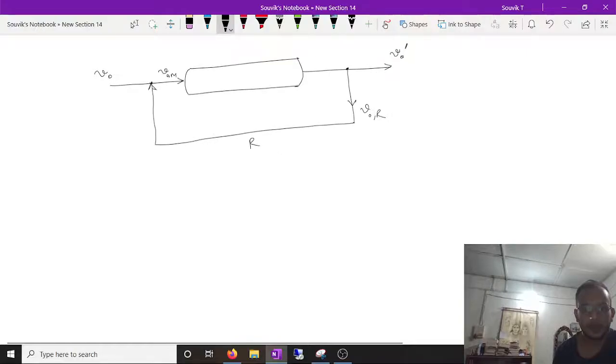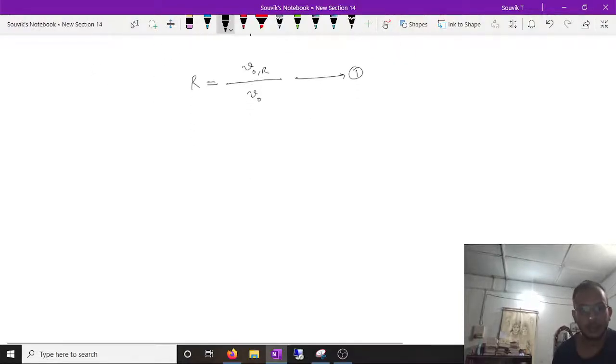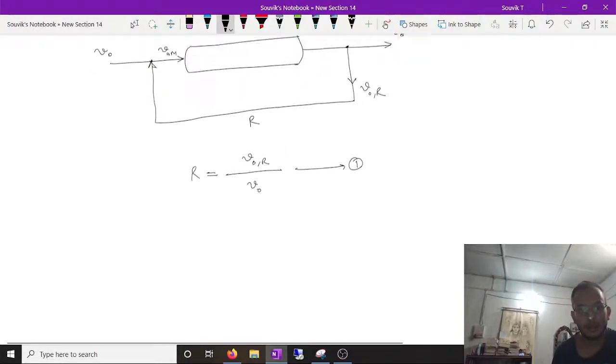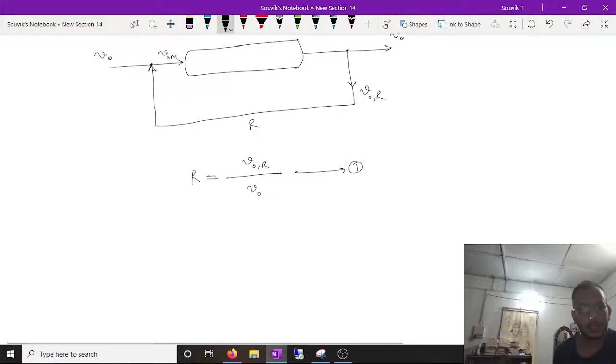So R can be written as V0 R by V0. Let's say this is equation 1.